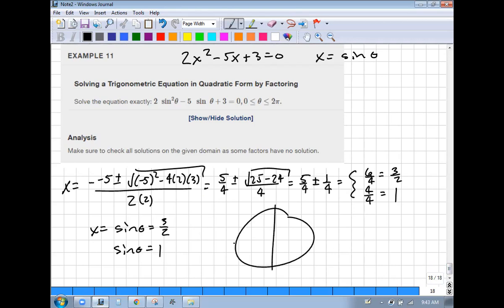Sine theta is never equal to 3/2, right? Sine is always between -1 and 1. So this one doesn't have any solutions. This guy, when is sine theta equal to 1? Right there. The theta has to be pi over 2 or anything that points in the same direction.